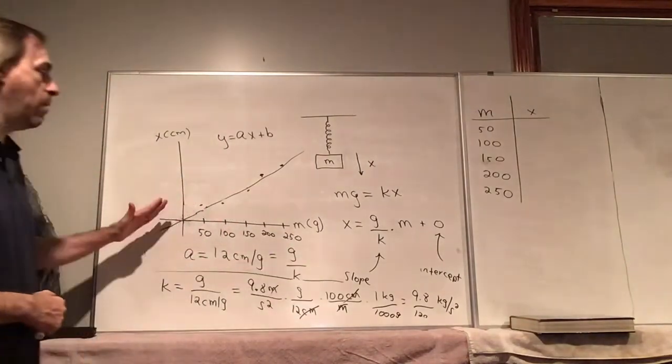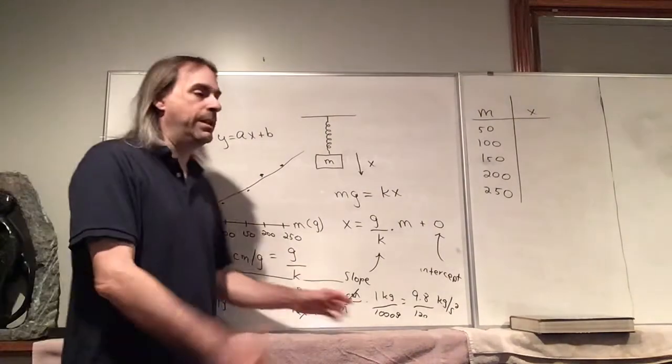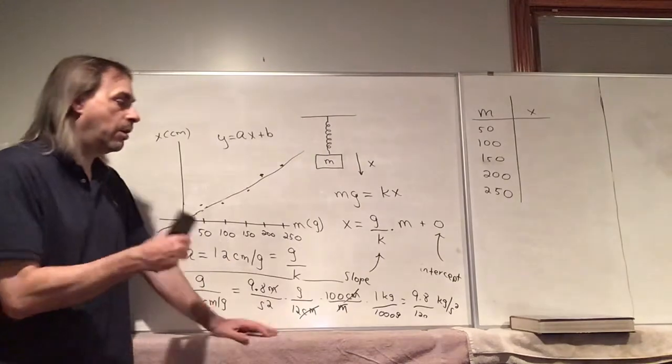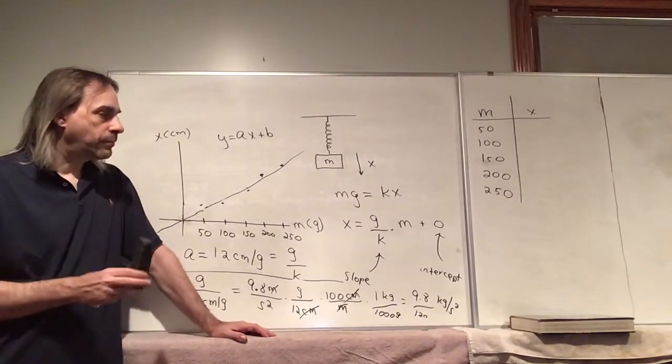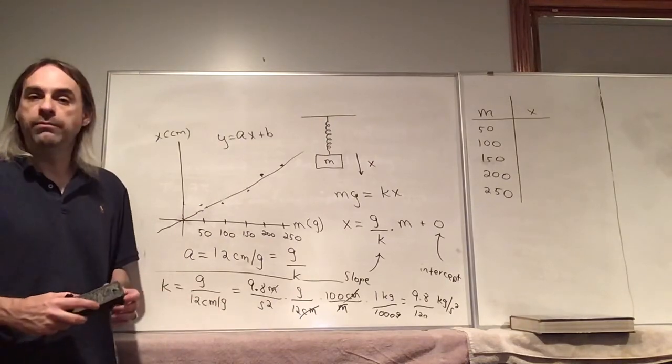So when we plot them, they fall on a line. But what if the data is not linear? A lot of times it won't be. And that's a little bit more complicated, but we'll do an example of that as well.